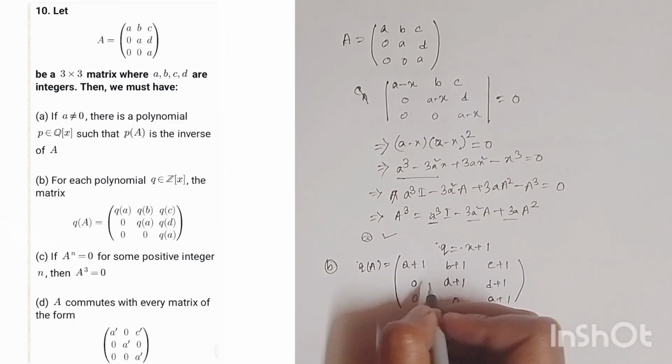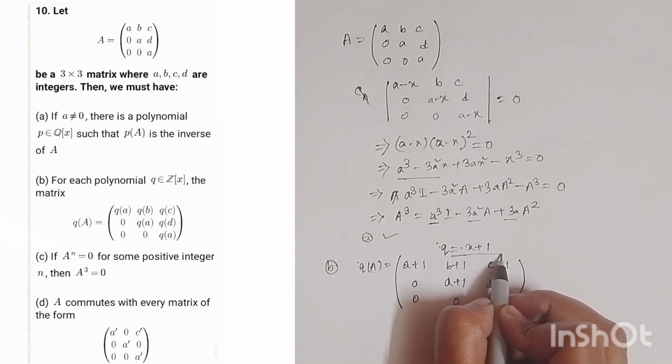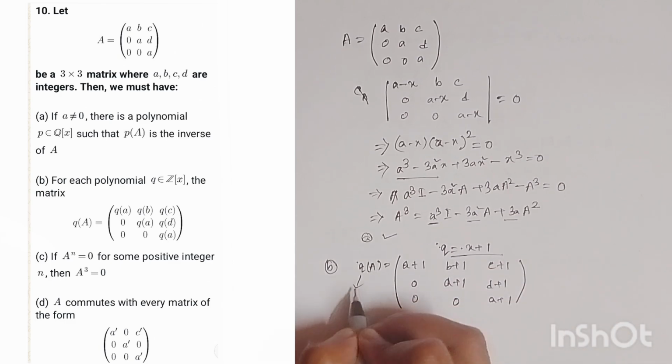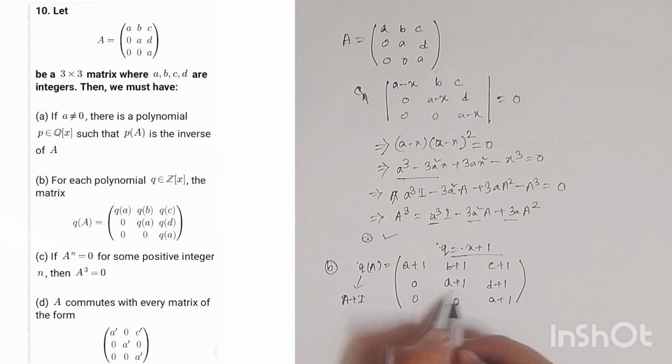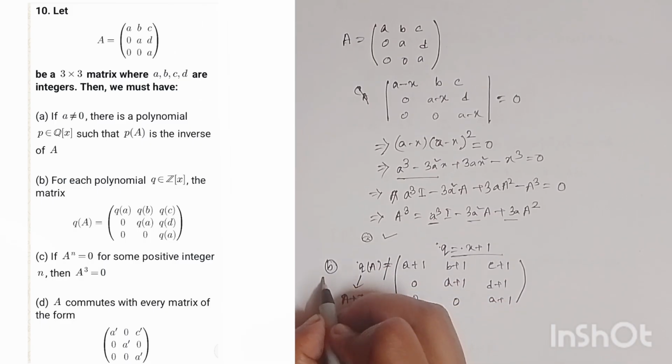But from this, QA equals x plus 1, that is QA equals A plus I. So A plus I is not equal to this. So these are not equal. So B is our wrong answer.